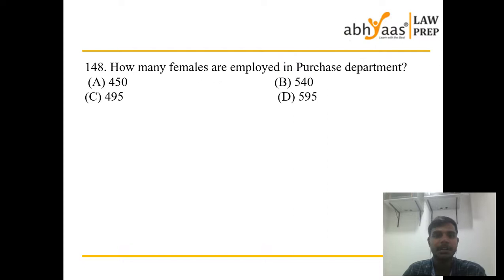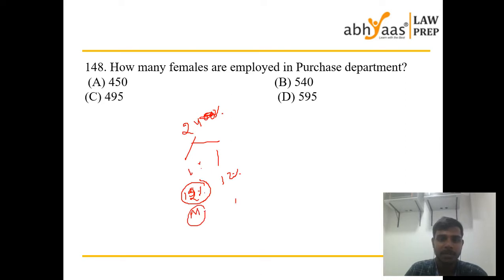In purchase department, the total employees are 24 percentage of the total, and the male to female ratio is 1 is to 1. 1 is to 1 means simply 12 percentage are males and 12 percentage are females. We have to find the females employed.